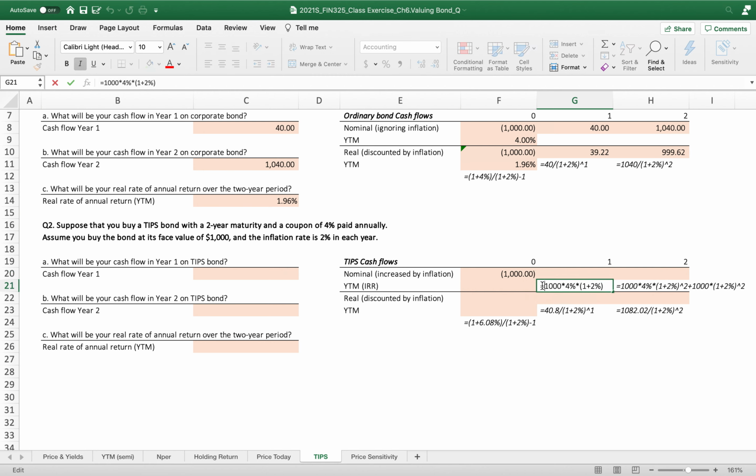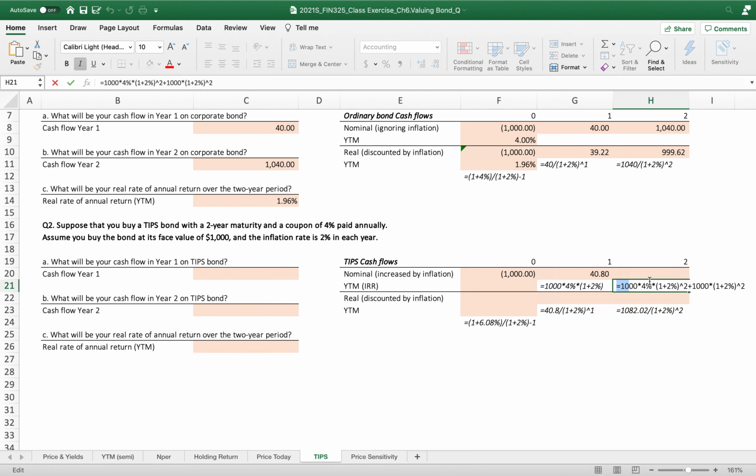This $40 should be increased by the inflation rate. So you're going to receive this $40.8 in TIPS using the nominal cash flows.